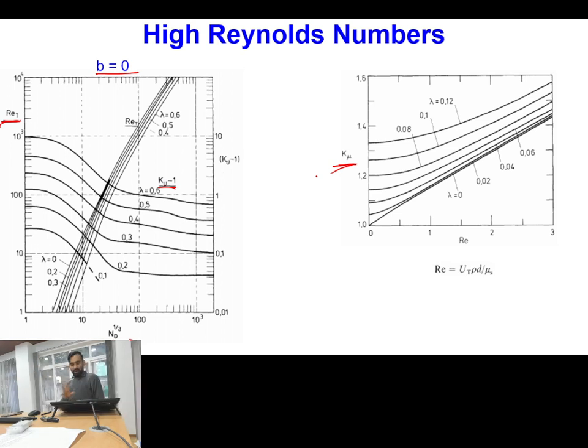All these are nothing but empirical correlations based on experimental data. Why am I showing them over here? Because you should be familiar with this, and for more details you can read the chapters of the book by Clift and Weber. There also they have provided a summary of all these correlations.